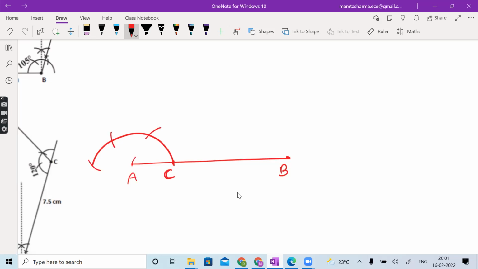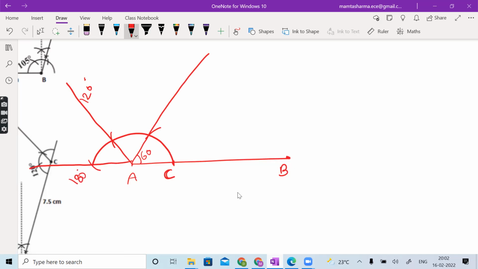The first arc will show the angle 60 degree. The second arc will show the angle 120 degree, and the third arc will show the angle 180 degree.